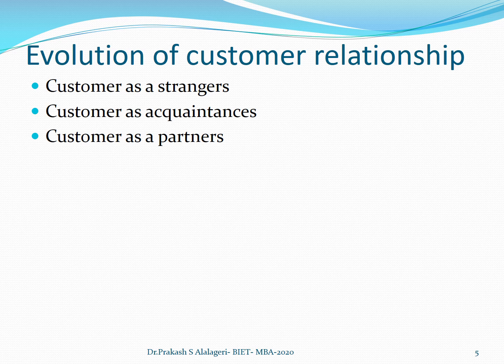So by this time the customers will have passed two stages, right? They enter as strangers, then slowly they become acquainted with the system, and they become our friends. Then comes the customer as a partner, right?